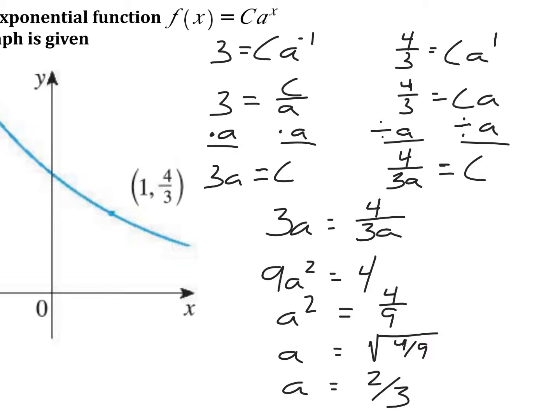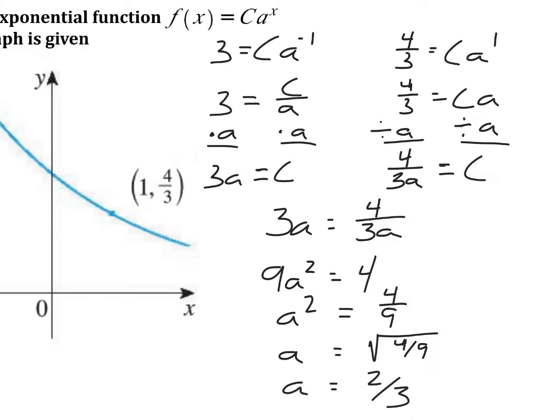This is not just algebra out of context where we don't know what's going on. We actually know what it represents. And in this case, we're finding the A value, which represents the base of our exponential. The base of the exponential has to actually be positive. And because the base of the exponential has to be positive, it means we can ignore that negative case. So I'm just skipping over that negative here.